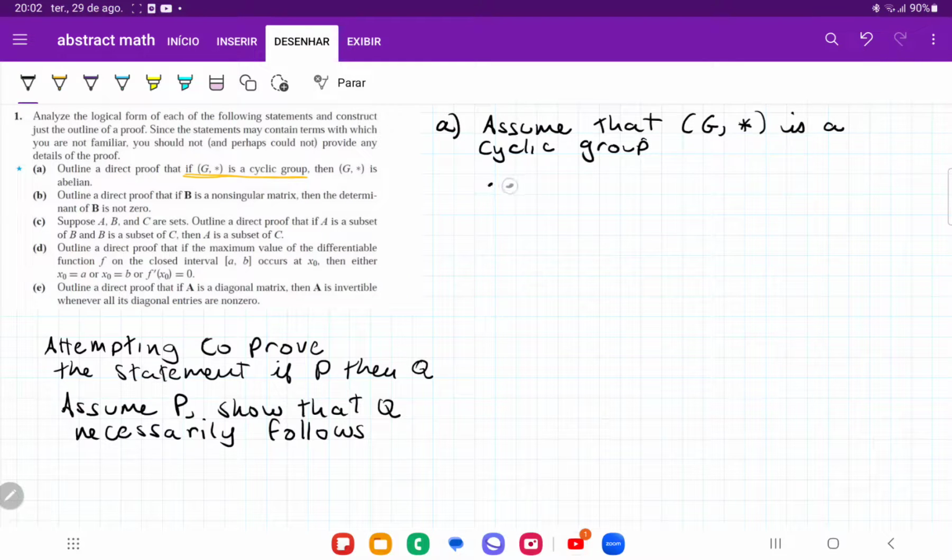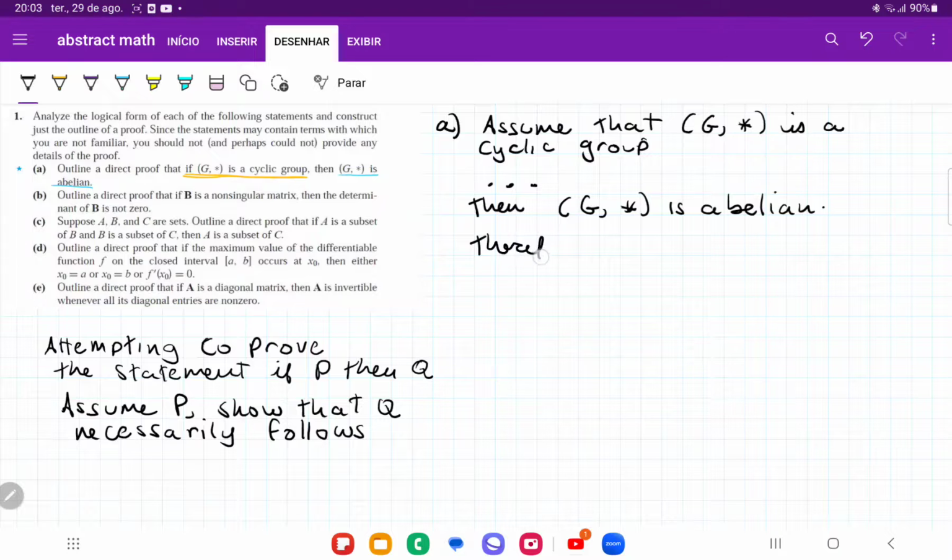And then we would develop our proof, and we would show that the consequent, which would be this one, is abelian, necessarily follows. Then we would have to show that G comma star is abelian.